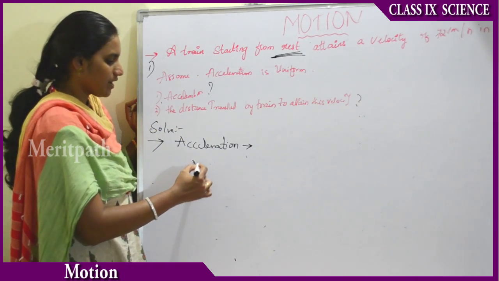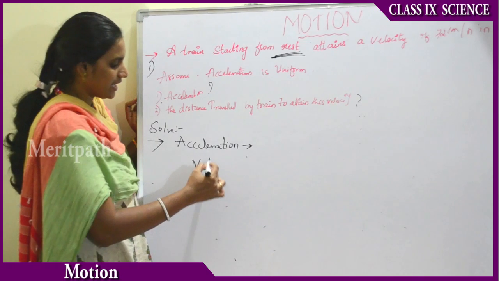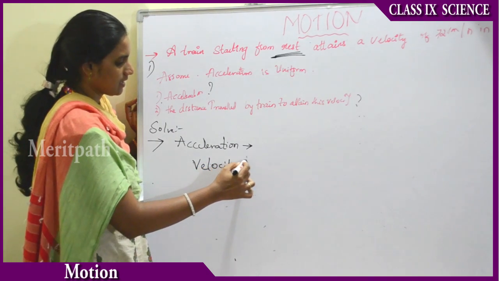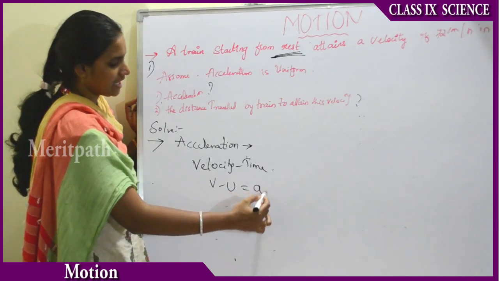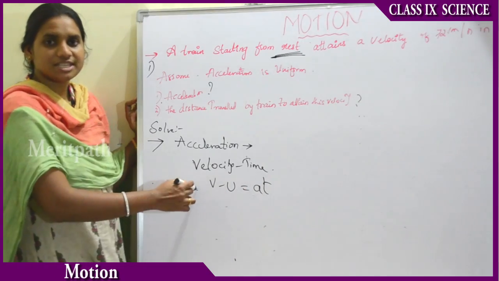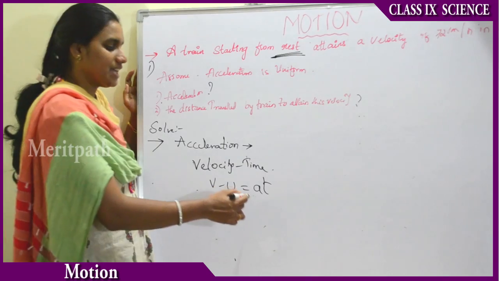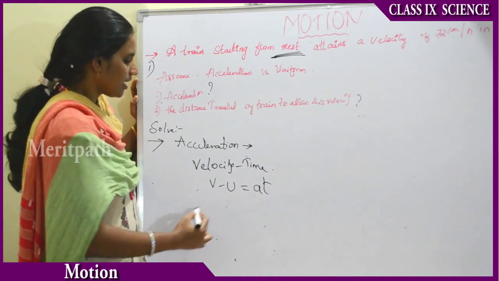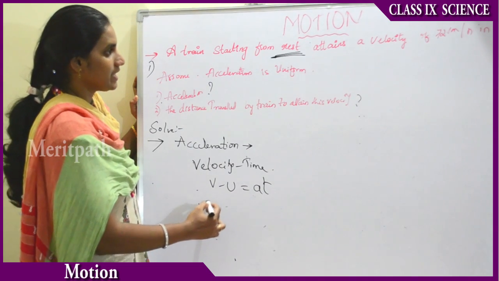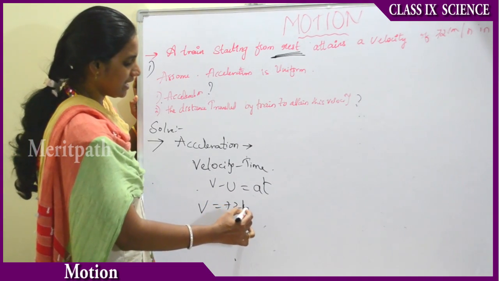We know the velocity time relation, that is v minus u equals at. V is the final velocity, u is the initial velocity, a is the acceleration and t is the time taken to travel the distance. Now v is 72 kilometers per hour, right?